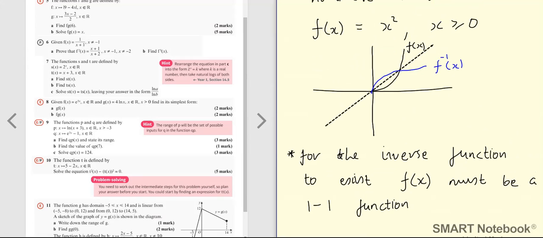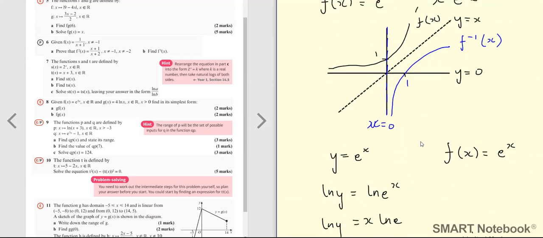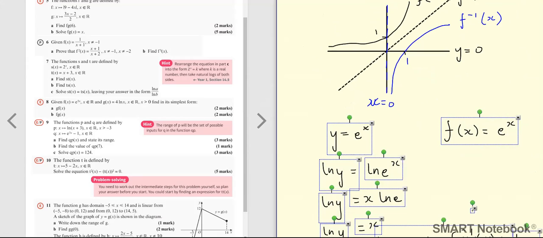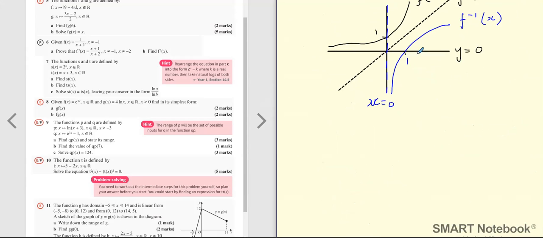What I'm going to do now is just go back to this. So I've shown you how to actually work out inverse functions. Now the next thing that I want to focus on is domain and range. So f of x was e to the x, and we said x can be an element of real numbers.